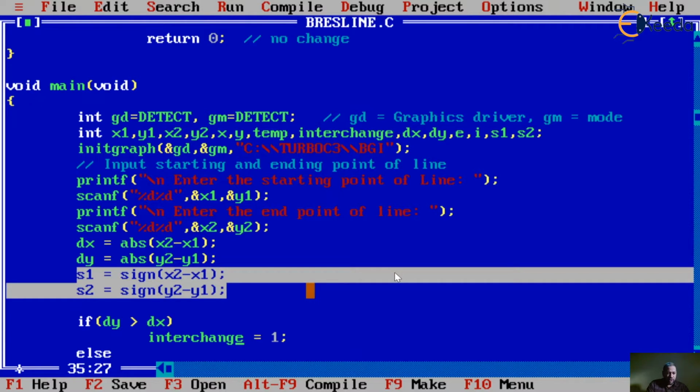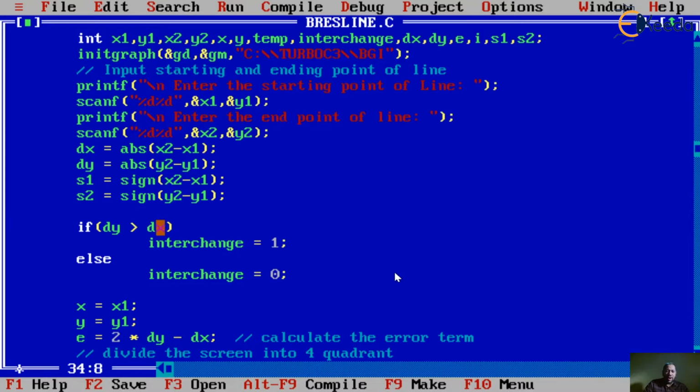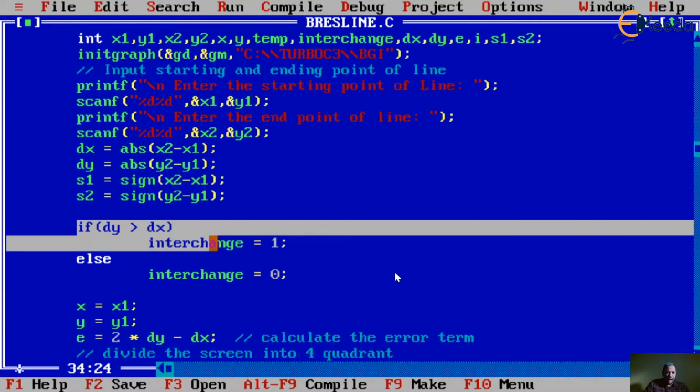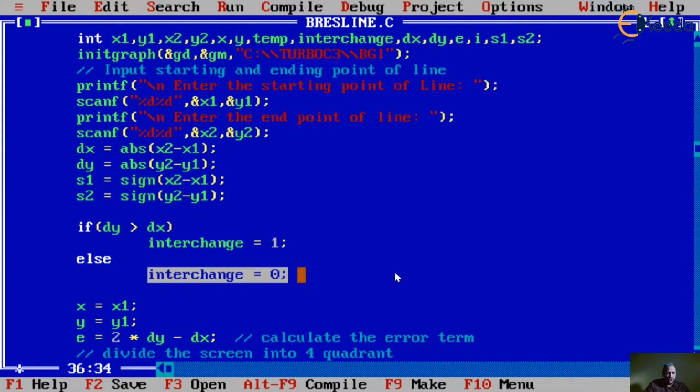Now after this, I have to decide whether delta y is greater than delta x or not. I am assuming here delta x is greater, but if delta y is greater than delta x, what I am going to do is put the value of interchange equal to 1, else I am going to put the interchange value equal to 0.